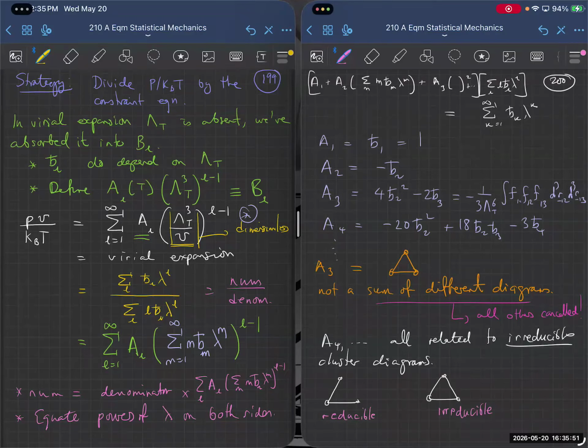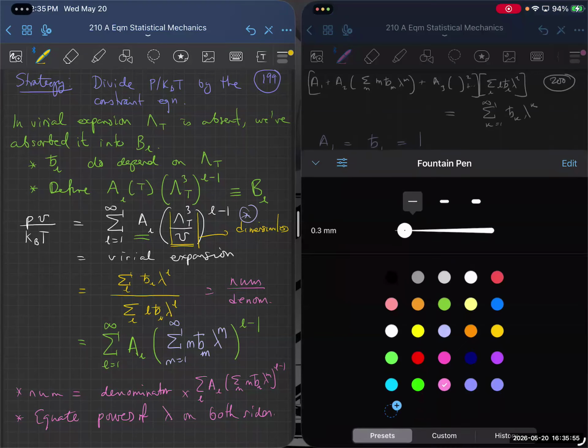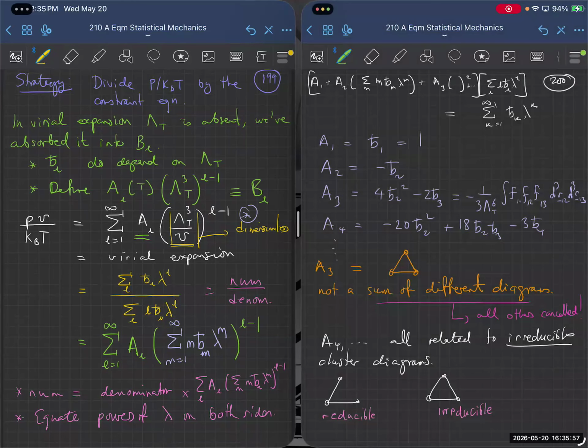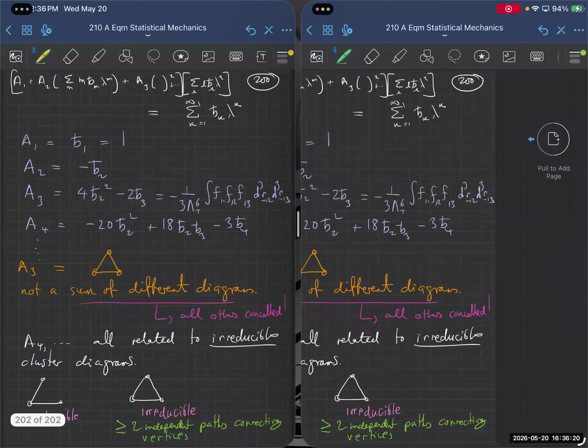What's special about the irreducible ones is that there are greater than or equal to 2 independent paths connecting all the vertices. And so this is another thing that you get from graph theory.